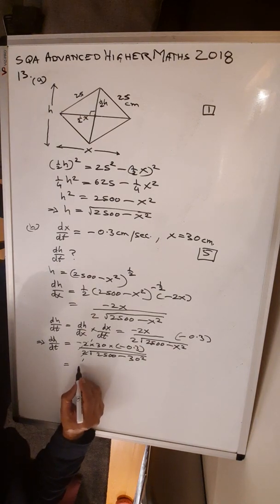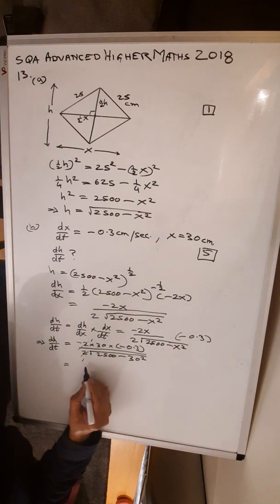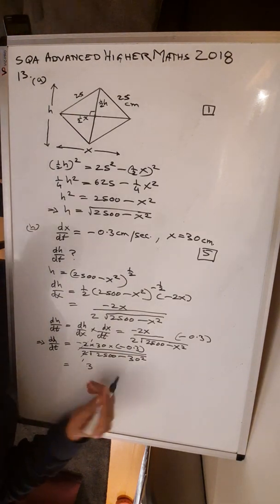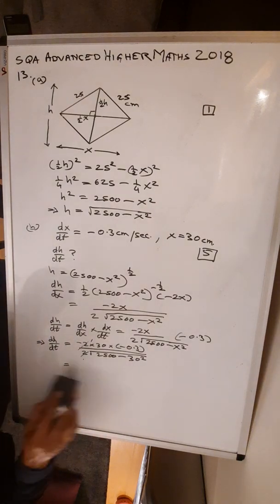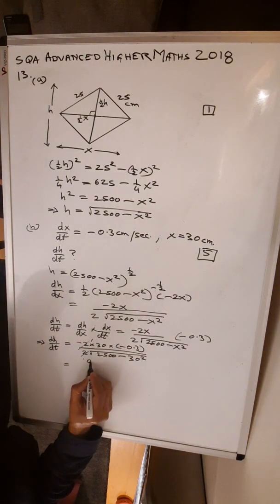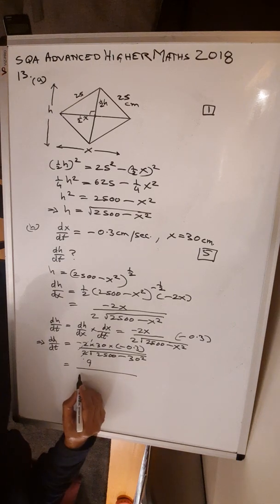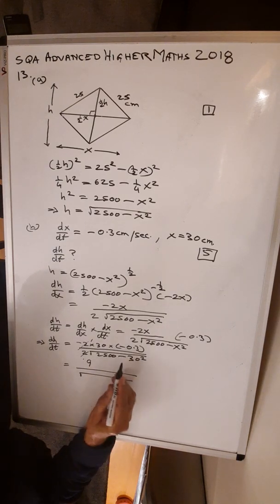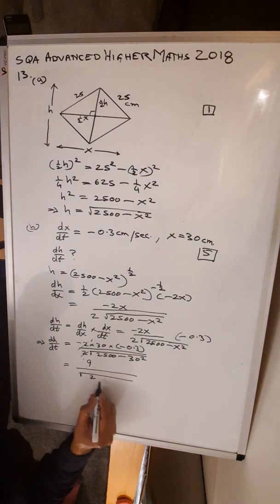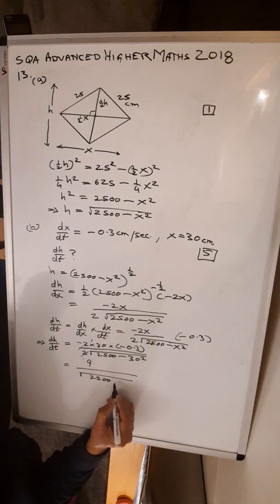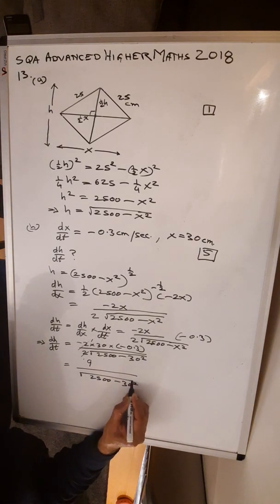So that just gives you 9 at the top, divided by the square root of 2500 minus 30 squared.